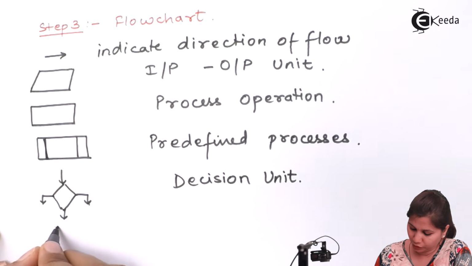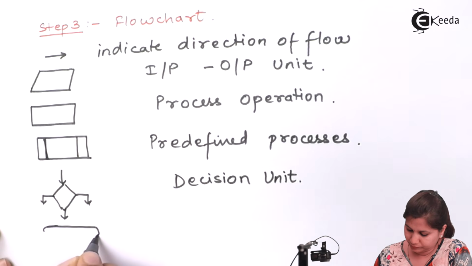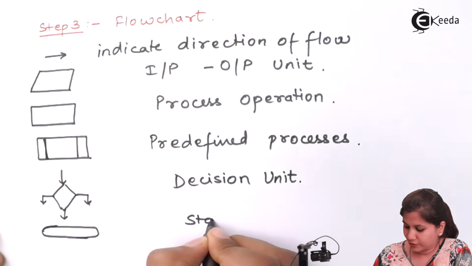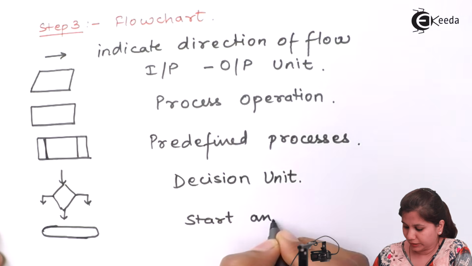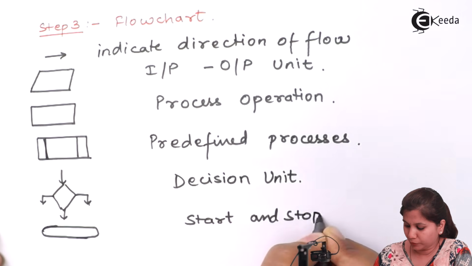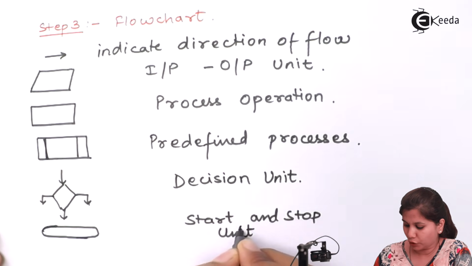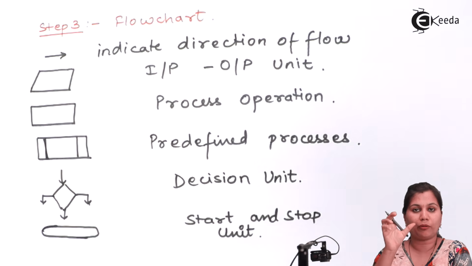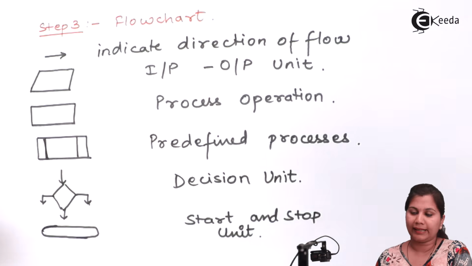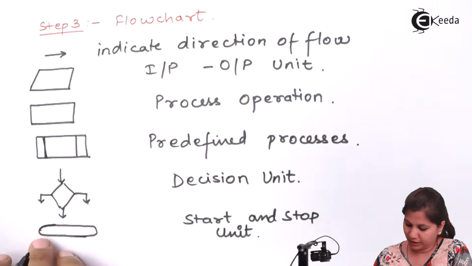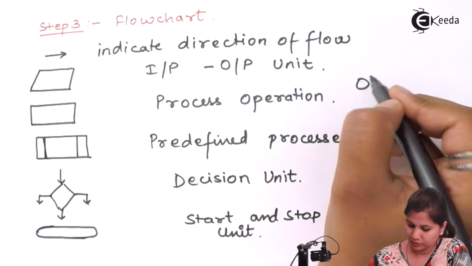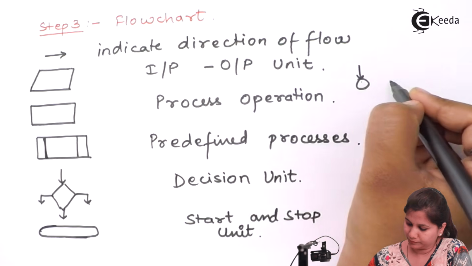Then we are having the oval. This oval is the start and stop unit. At the start and at the end of the program, we will have the start and stop unit, which indicates that from here the program is starting and here the program has ended. Then we are having the circle with an arrow.